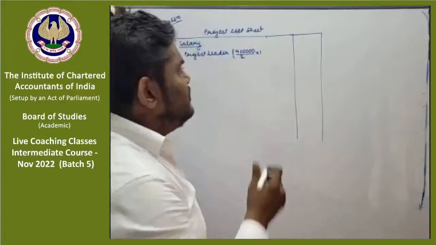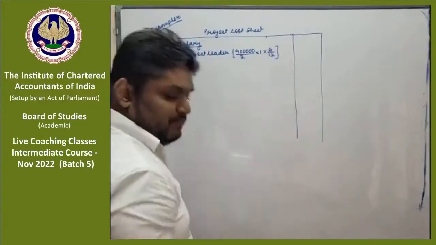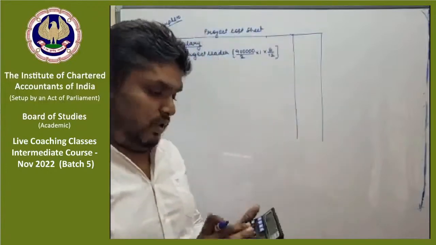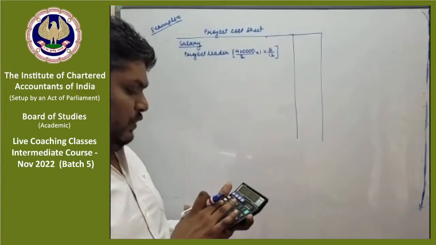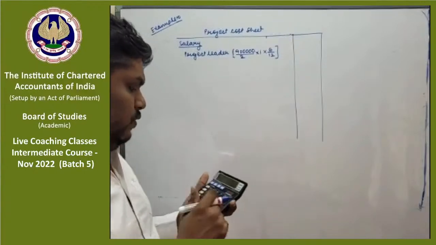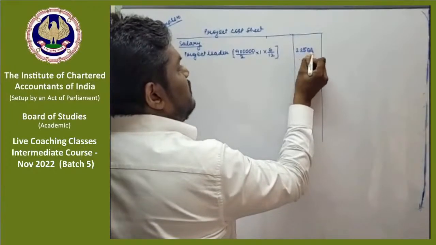And since the duration of the project is 6 months only, so into 6 by 12. So 9 lakh divided by 2 into 6 by 12. So the salary for the project leader will be 2,25,000.